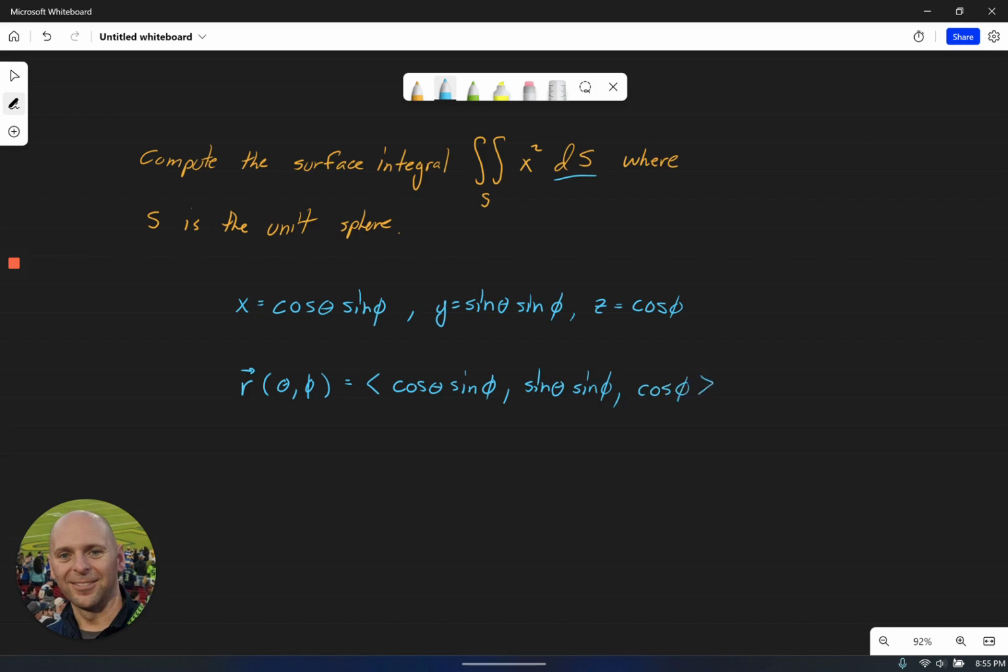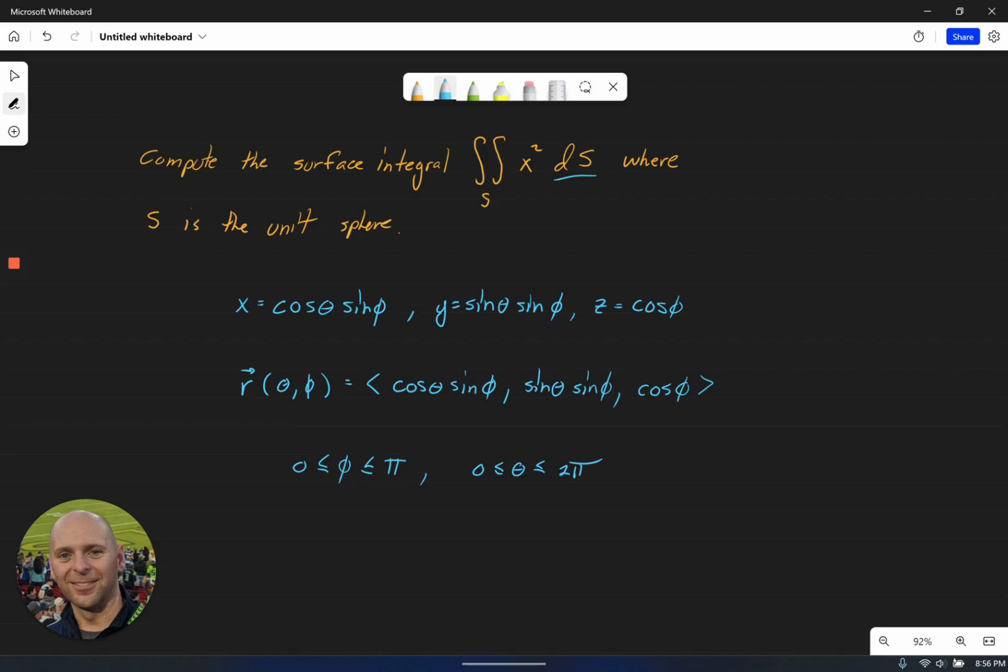So now we have our parametric definition for the unit sphere. We just need to throw a range of values on there. If we want to get the whole sphere, we're going to allow phi to range from 0 up to pi, and theta is going to go from 0 up to 2 pi. And that'll be relevant particularly when we want to set up our integral.